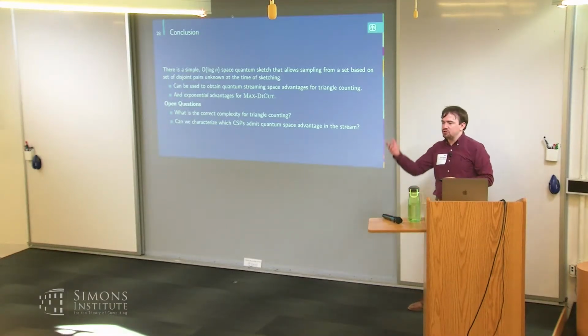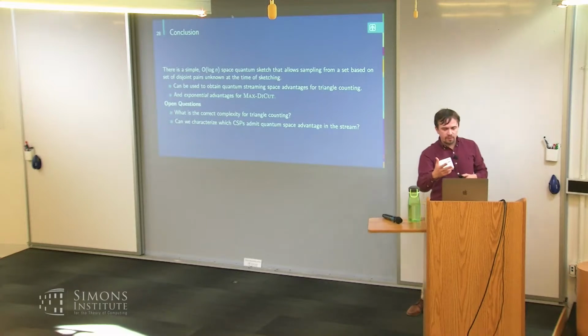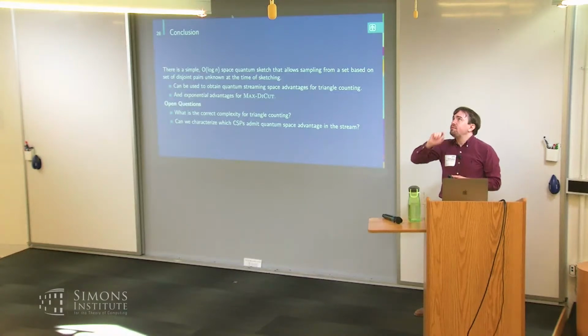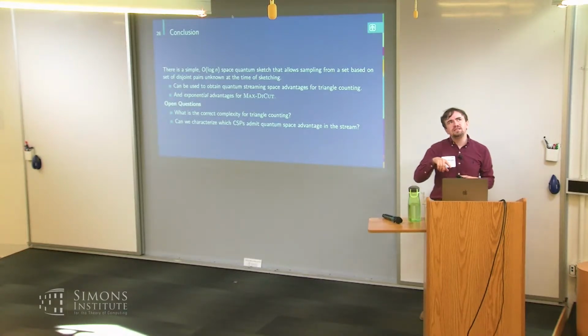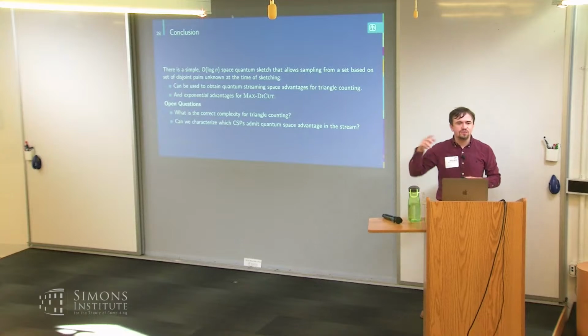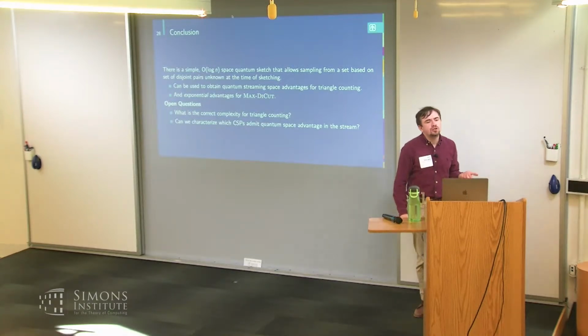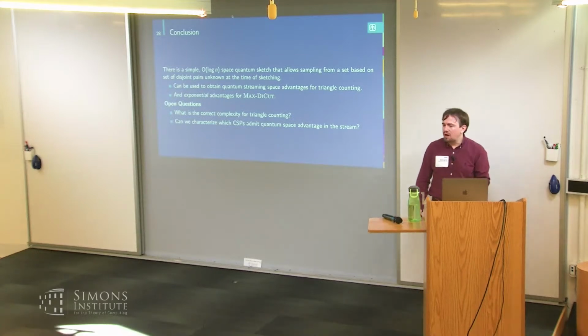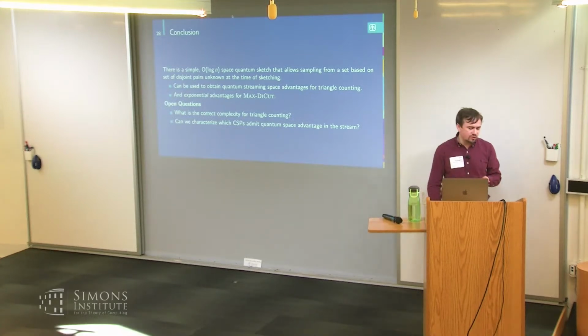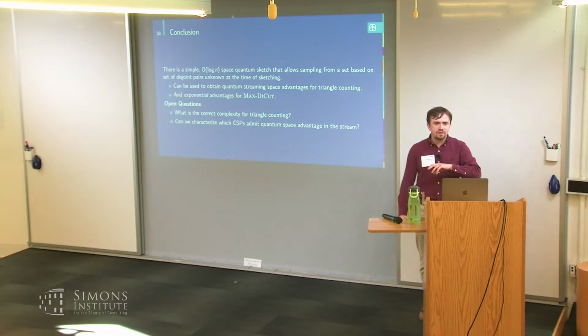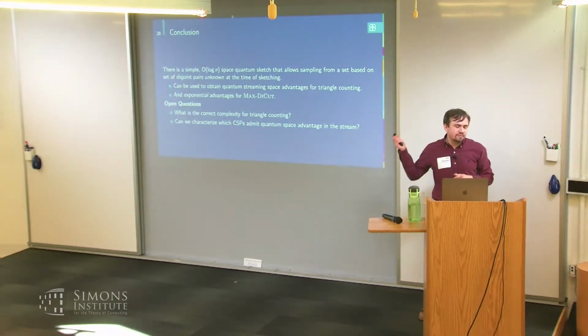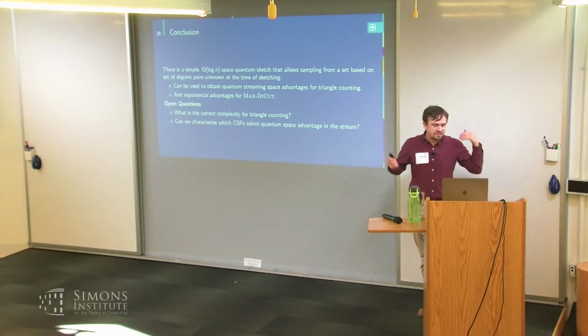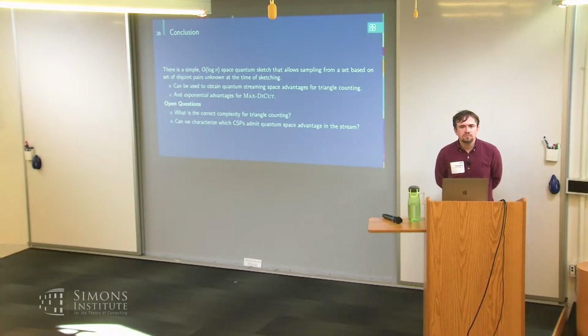Basically, you could do a swap operation that takes the thing you want to delete and turns it into junk. If you know that you're only going to delete stuff that is definitely there, then you could transform it back into a dummy edge and maybe not pay that overhead. But the bigger problem is that the measurement operators are irreversible. So I'm not aware of any general approach to make either of these algorithms work in a dynamic setting, because they depend on doing the measurements one at a time. Thanks.